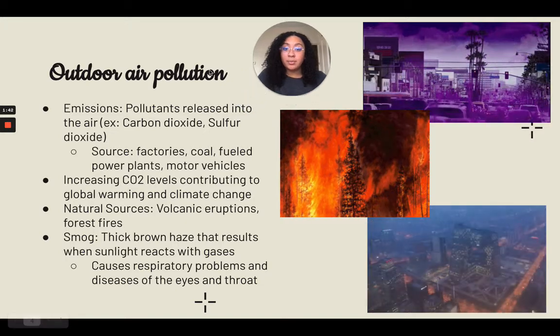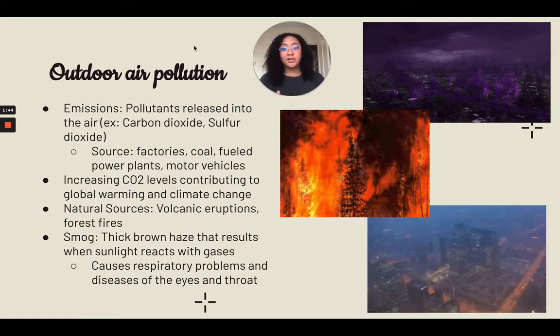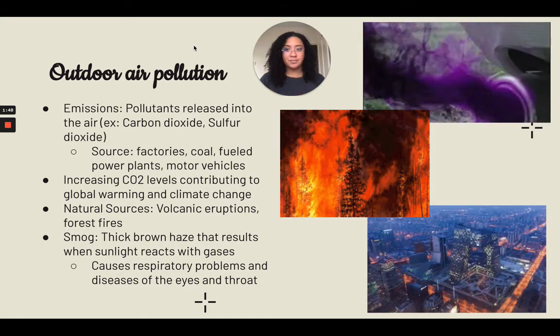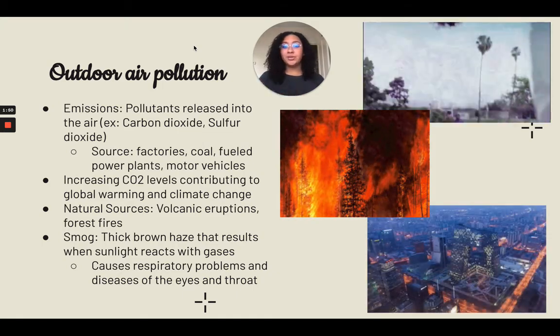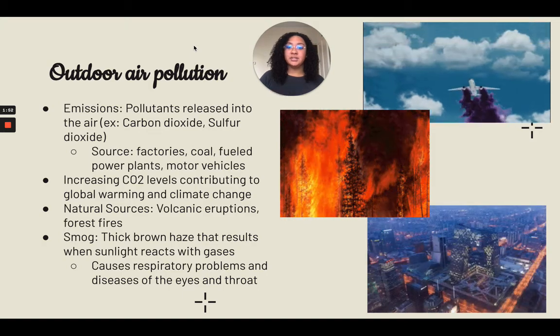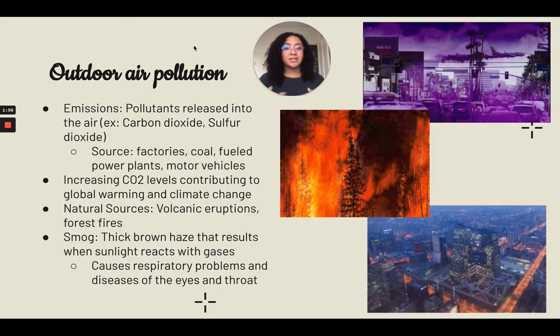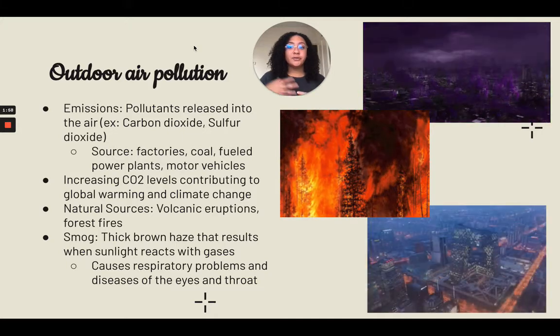So for air pollution, there's both indoor and outdoor air pollution. So first we're going to talk about outdoor air pollution. So outdoor air pollution is caused by emissions, which are pollutants released into the air. So for example, carbon dioxide, sulfur dioxide from factories.